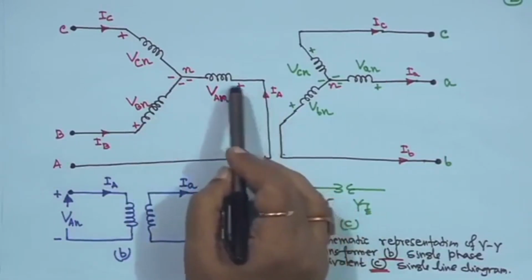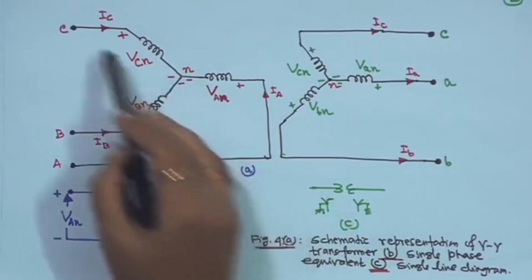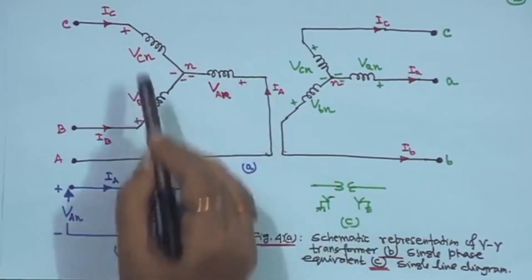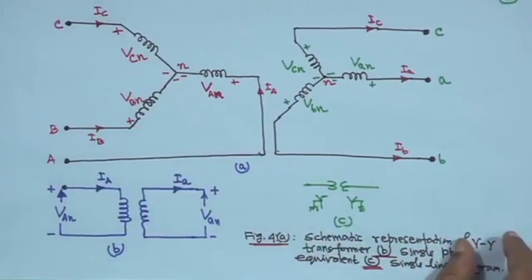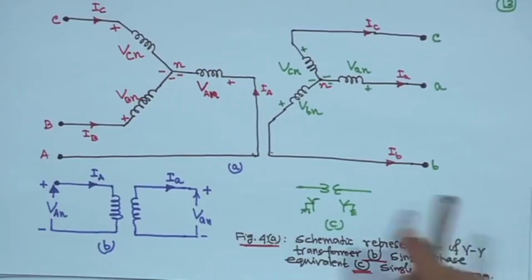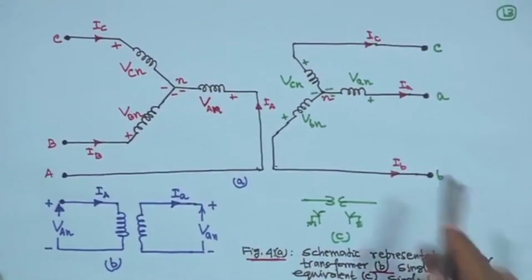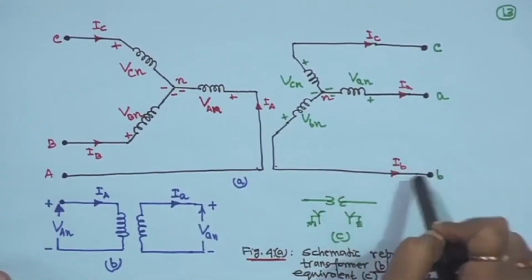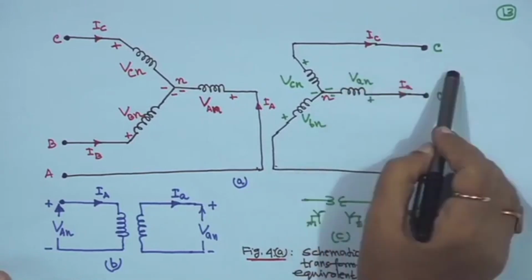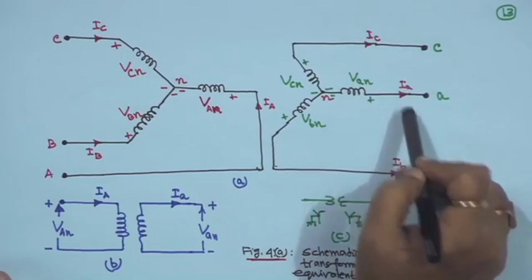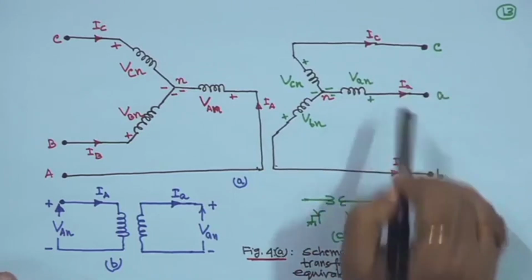This voltage is VAN, this is VBN, this is VCN, and the current is IA, this is IB and this is IC. This is the star connection. On the other side, the current is going out, so this is IA, IB, IC, phase C, phase A, phase B.